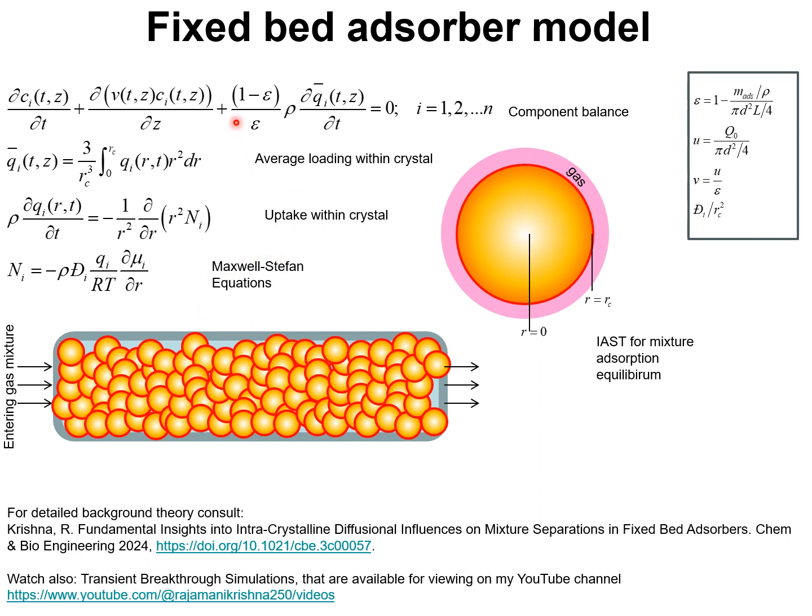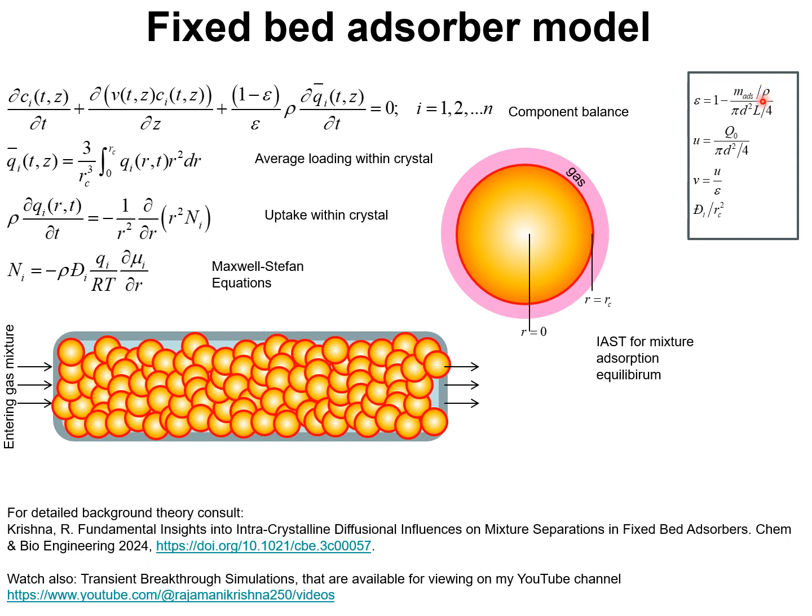The input data on the bed voidages and the interstitial gas velocities may be determined from experiments. Epsilon is given by 1 minus m ads divided by rho times the tube volume, where m ads is the mass of the adsorbent that is packed in the tube. This is the experimental data, and in the set of 3 experiments described earlier, this has the value of 0.57 grams.